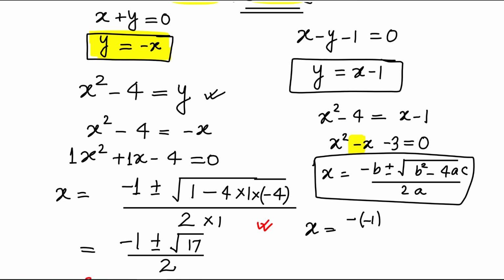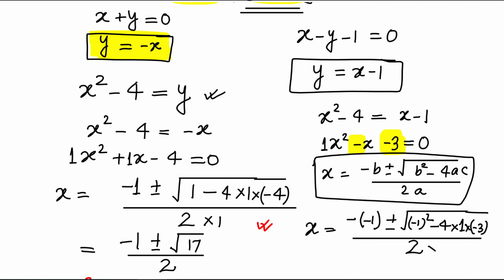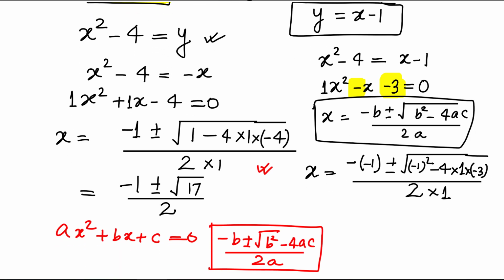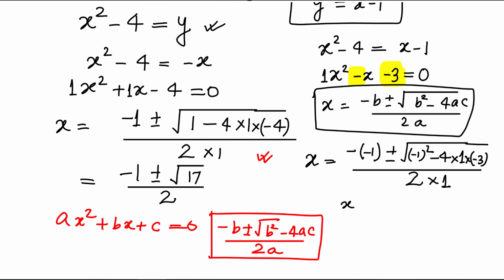So minus of minus 1 plus minus root of minus 1 whole square minus 4 times 1 times minus 3, divided by 2 times 1. So what we will have is x is equal to 1 plus minus root 13 by 2.